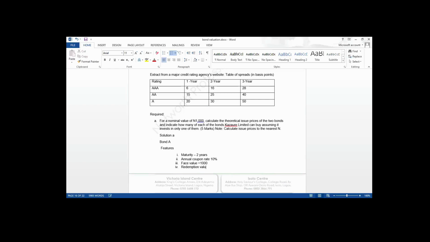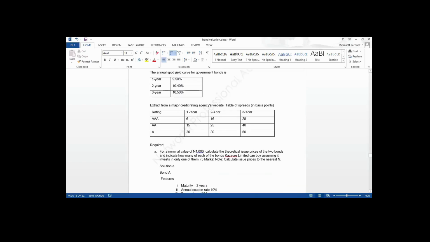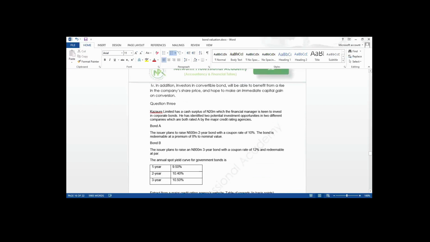The examiner gave us that the bond is redeemable at a premium of 8% to nominal value. So nominal value is 1,000 naira. The bond will be redeemed at a premium of 8%.